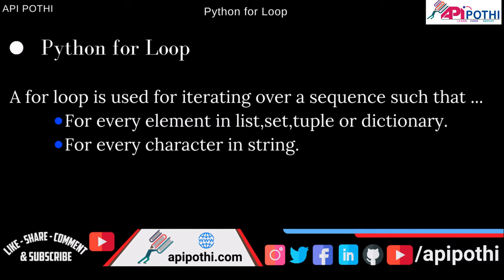For the first iteration, we will get the character from the 0th place. For the second iteration, we will get the character from the first place. In a similar fashion, once we reach the end of the string, meaning length minus 1, we will get the entire string in the form of characters. Likewise, we get all the elements from a list, set, tuple or dictionary.